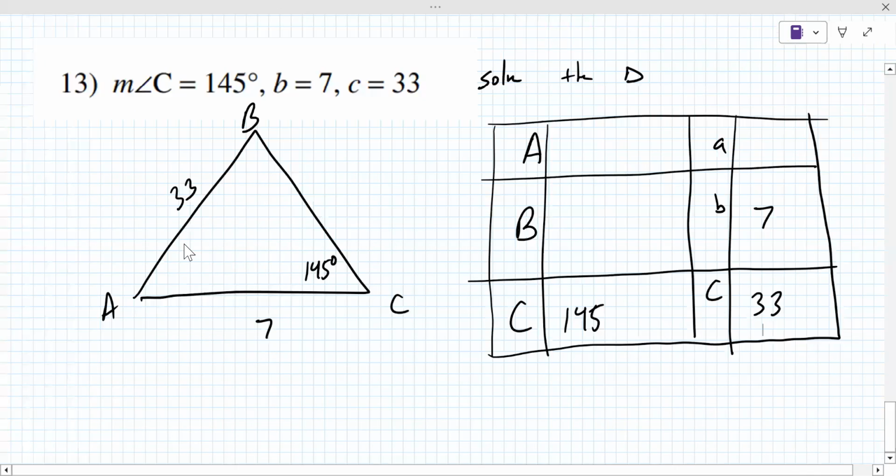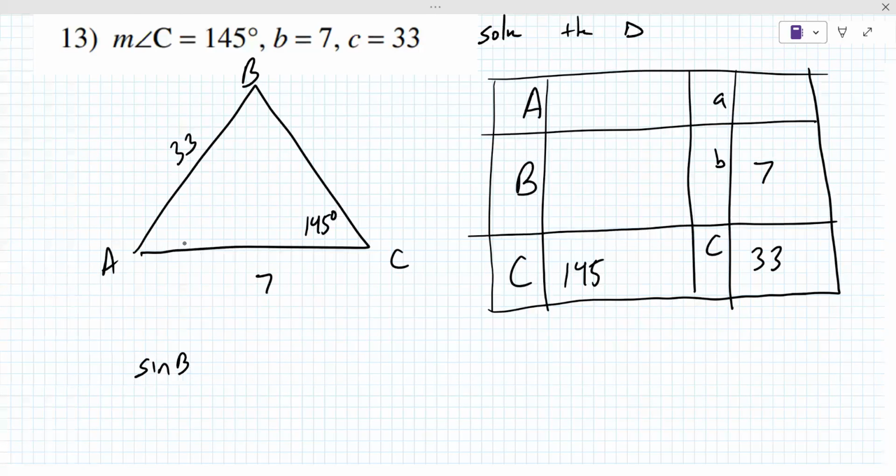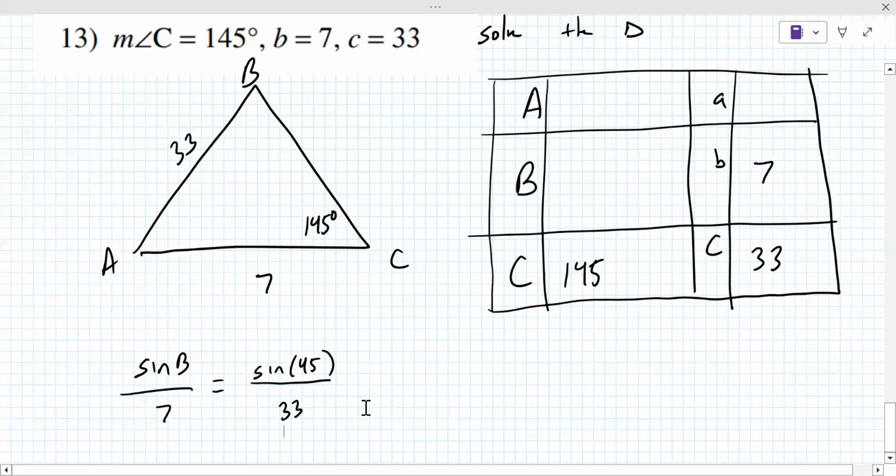You can. So sine B over 7 equals sine 145 over 33. At some point, you stop writing the equation. You just write the angle side pairs together and then the angle side pairs together. It gets a little cumbersome to remember, like, is it A? Is it B?